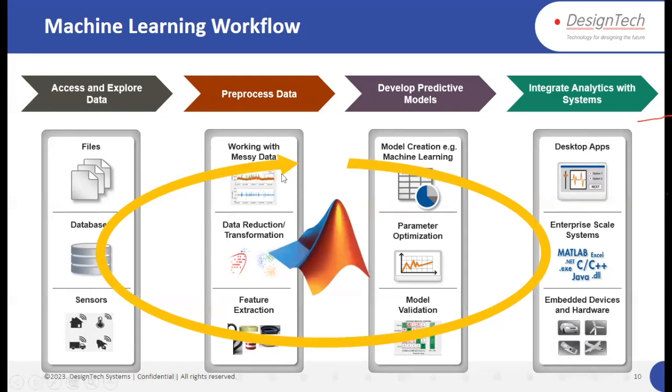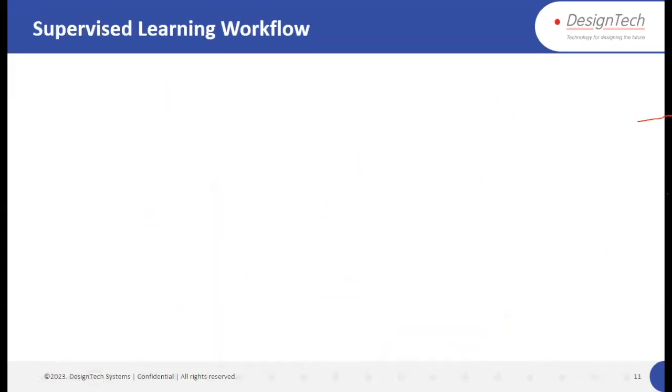And all of these things, accessing and exploring the data, pre-processing the data, developing the predictive model and deployment, we can do within a single environment. This is called MATLAB.